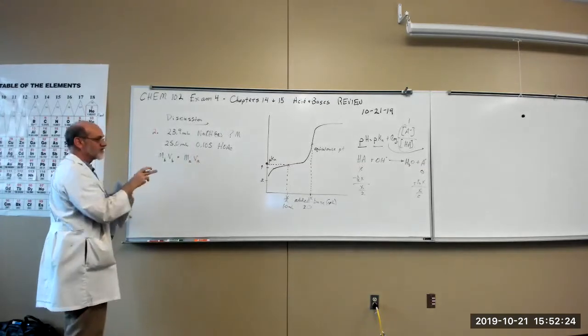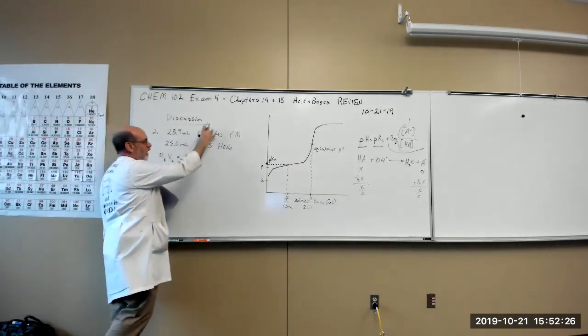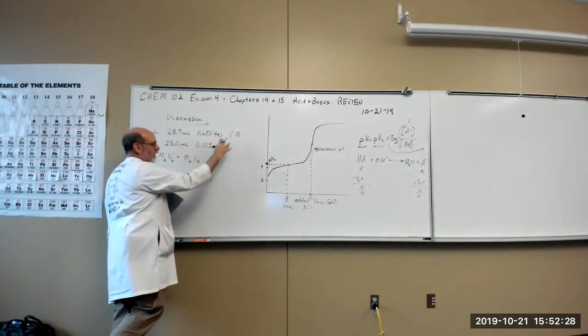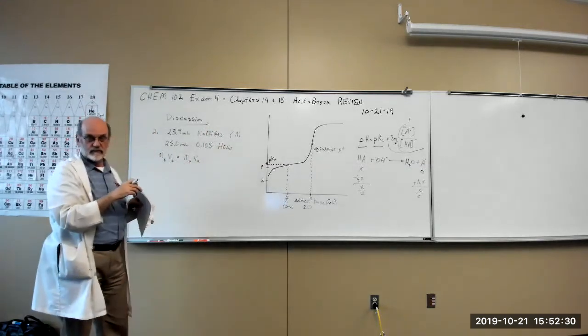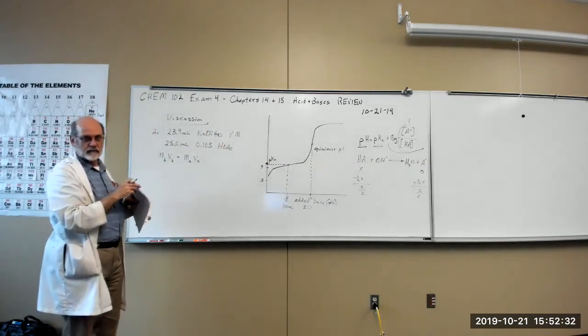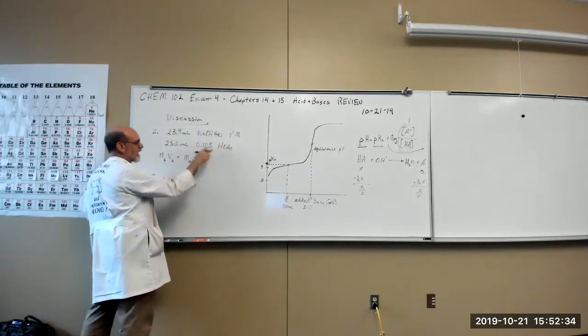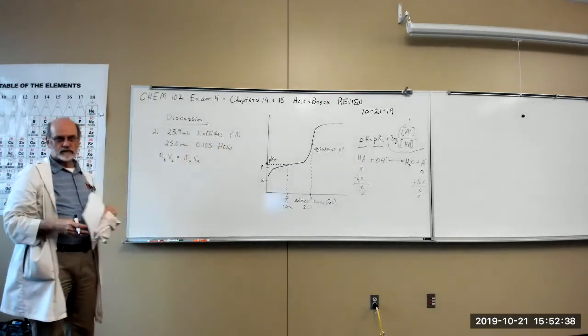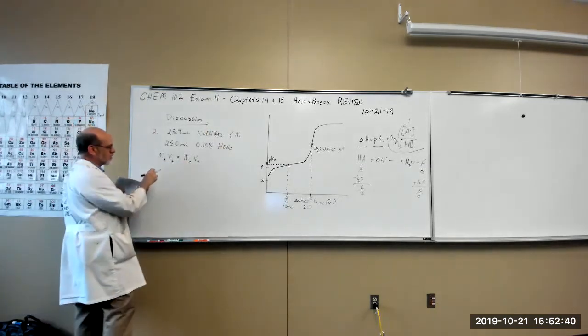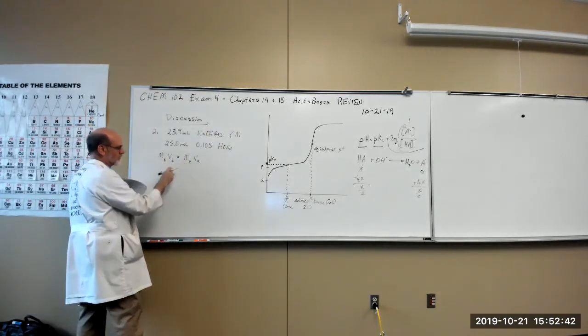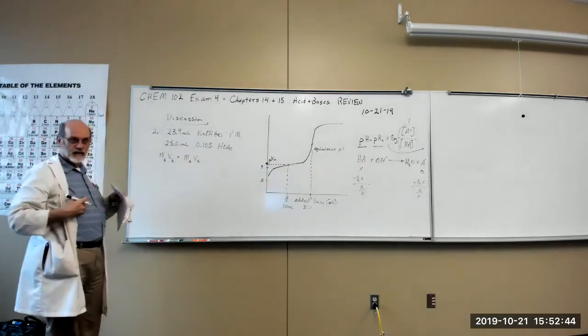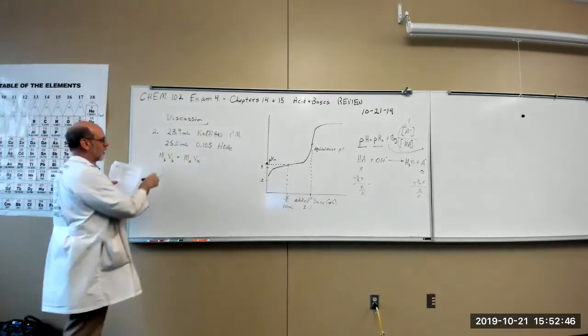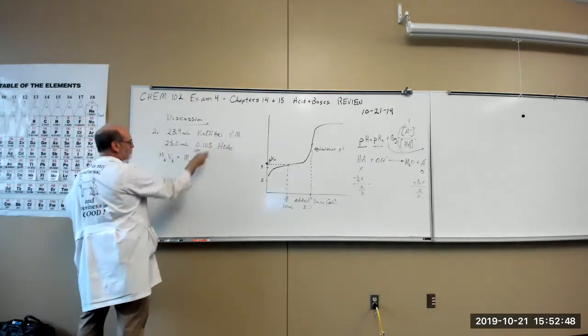That's only if there's one hydroxyl and one acetate for each one. If you used sulfuric acid here or a polyprotic, that wouldn't work. You would have to substitute normality instead. But we can use this one because they're 1 to 1.